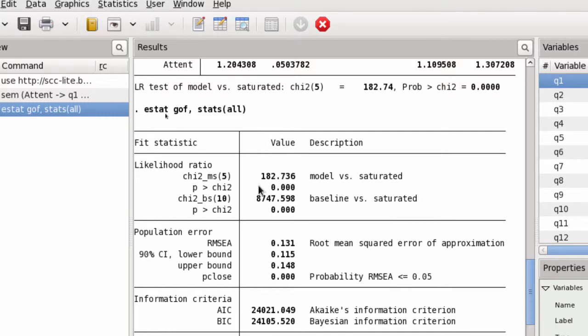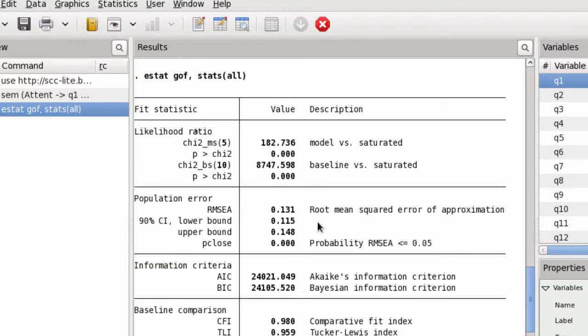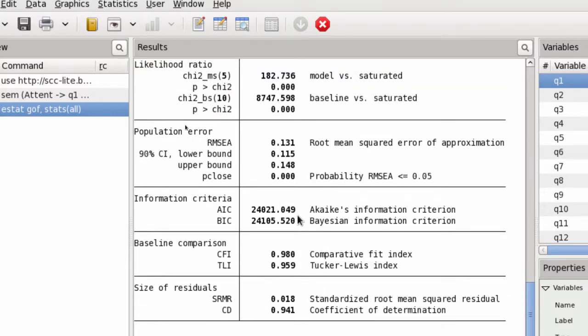So the first thing it reports is the chi-square, the likelihood ratio test. It gives that information to us there. Then it reports the RMSEA, and we see that we have an RMSEA of 0.131. We often call the RMSEA a badness of fit measure instead of a goodness of fit measure. And here's where it gets a little curious.